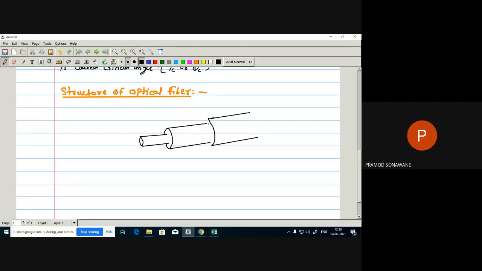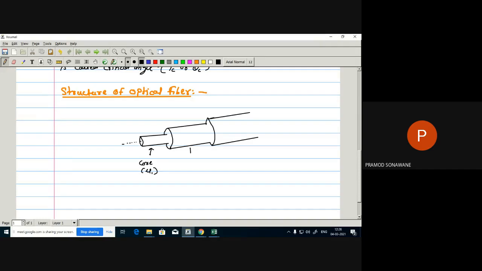So this is the structure of optical fiber, basically. First, this is the axis. This is a full solid material, which is called the core. It is generally at the center, whose refractive index, suppose I say mu1.